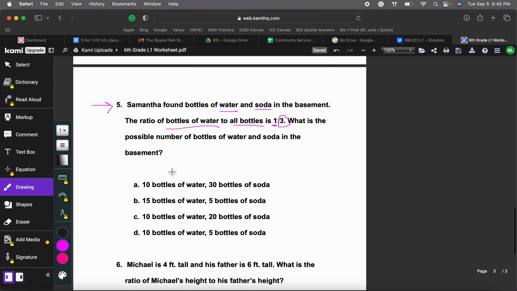So let's look at A. So there's 10 bottles of water and 30 bottles of soda. Okay. Then we have option B, 15 bottles of water and 5 bottles of soda. Option C, 10 bottles of water and 20 bottles of soda. And option D, 10 bottles of water and 5 bottles of soda.